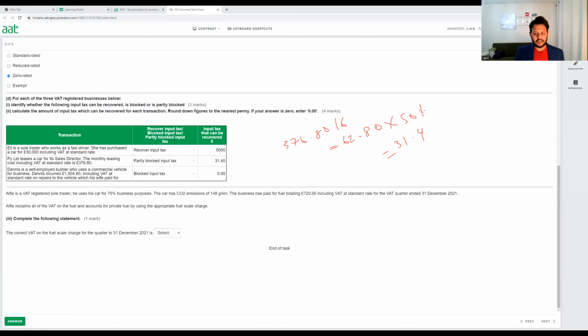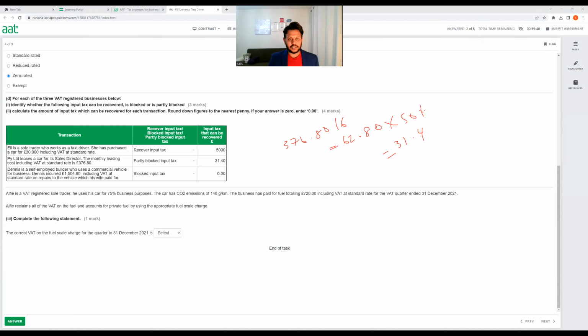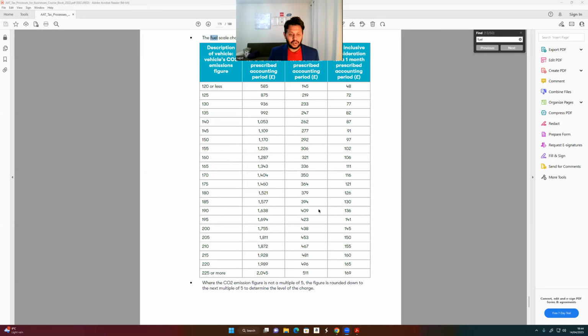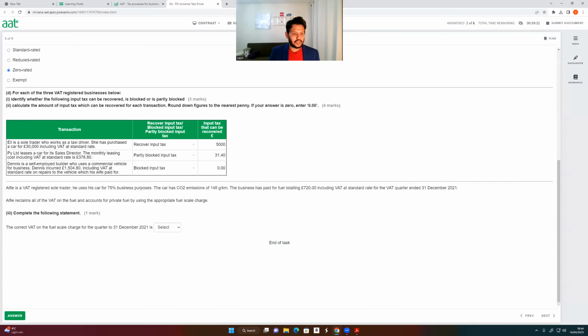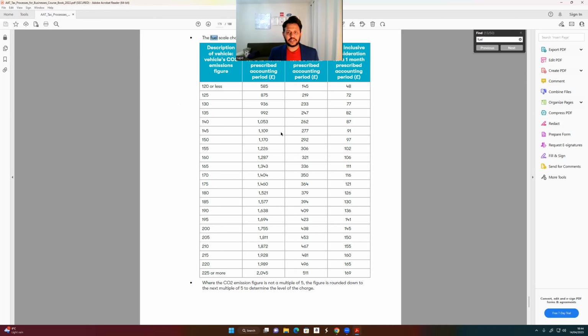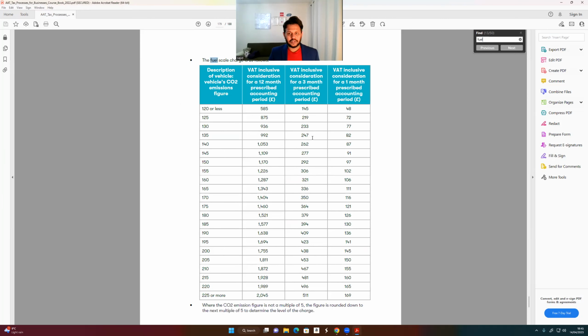If you look at our reference material, the box we have is for all the fuel scale charges. So if you look at what type of car we have, that was 148 gram, and we need to look at the quarterly one.